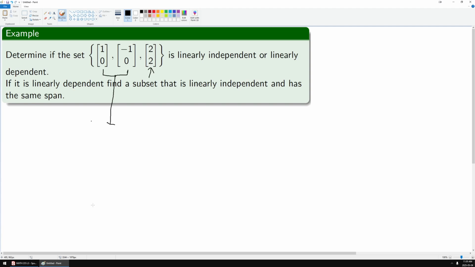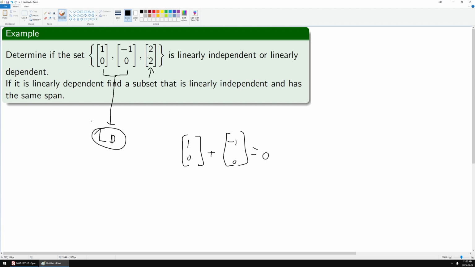So to give the formal answer, we'll say it's linearly dependent, right? Because I can just say 1, 0 plus minus 1, 0 is equal to 0.